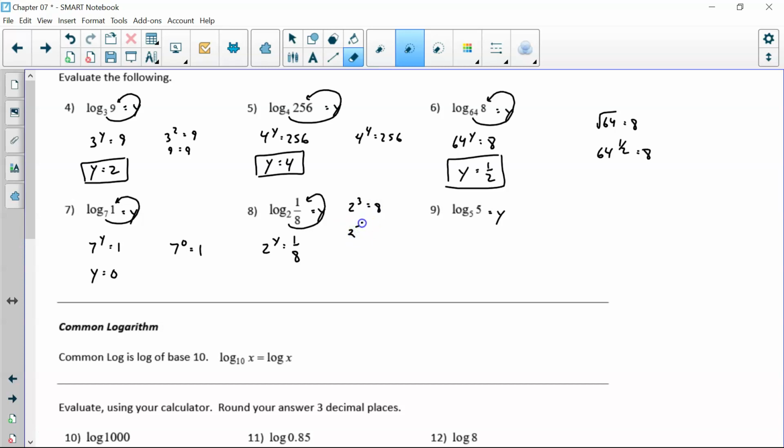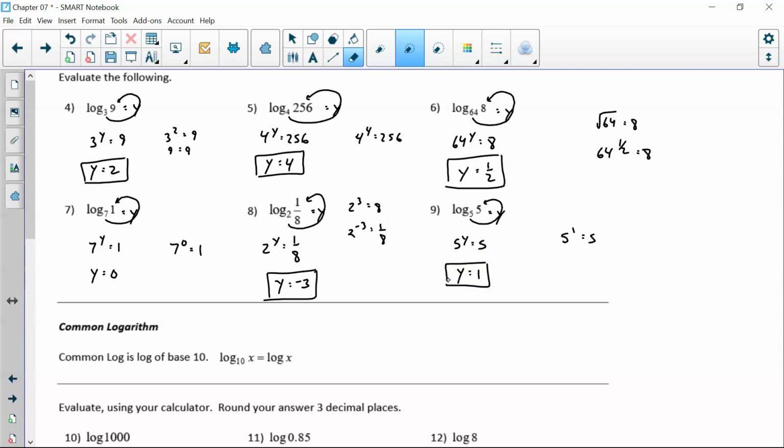So 2 to the negative third is 1/8. So y equals -3. Log base 5 of 5 equals y. 5 to the y equals 5. Now to get the same number, 5 to the first equals 5. So y equals 1.